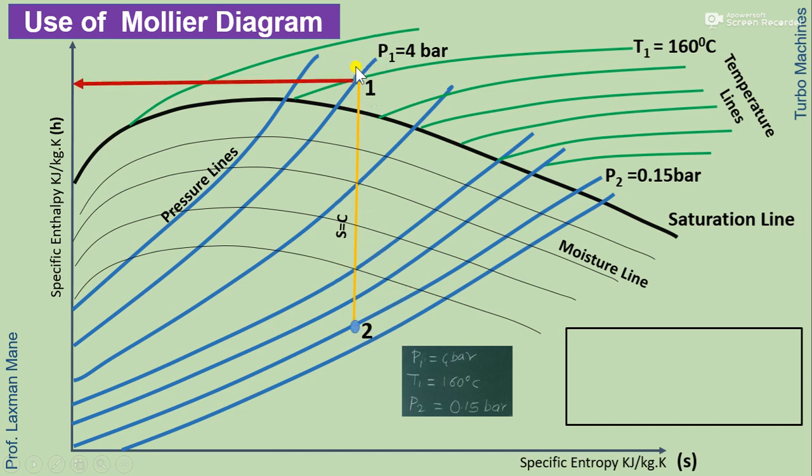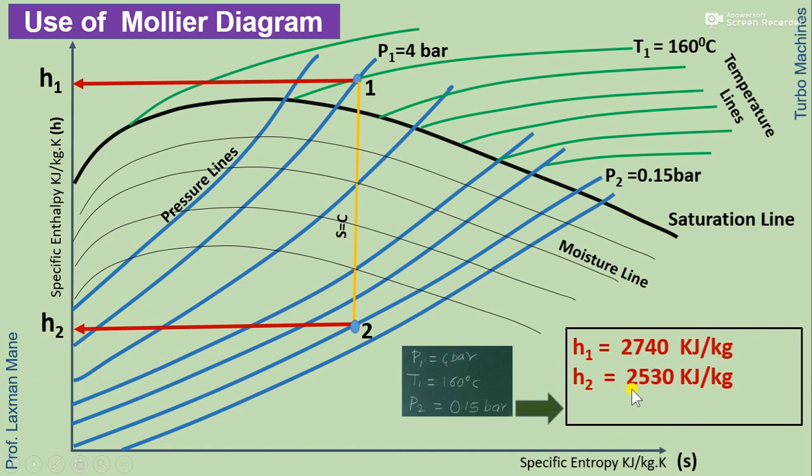After that, from point number 1, projecting on the enthalpy scale, we obtain the H1 value, 2740 kilojoule per kg. Similarly, from point number 2, projecting on the enthalpy scale, we find the value of H2, that is 2530 kilojoule per kg. After that we can find the enthalpy difference, which is required in solving the numerical. So this is the use of Mollier diagram.